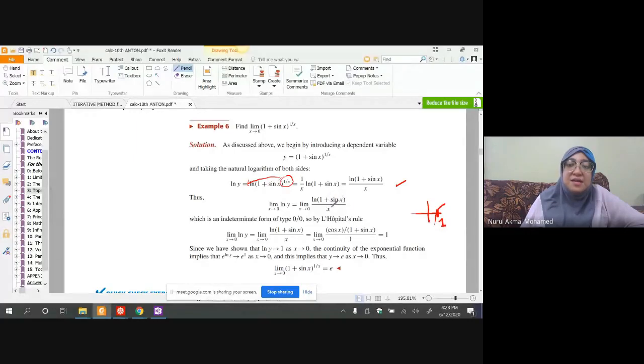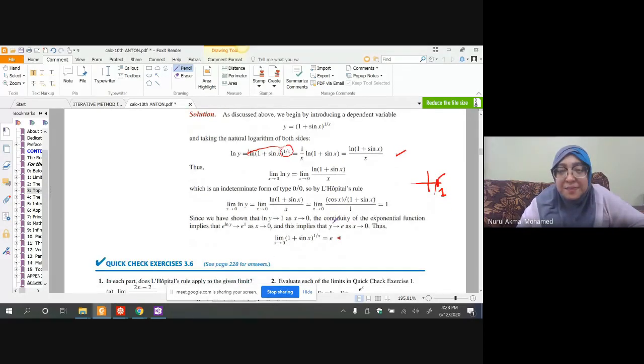So it is 0 divided by 0 here, and it is possible for you to use L'Hopital's rule. So you apply L'Hopital's rule, but it is not straightforward. You have to use the chain rule here.